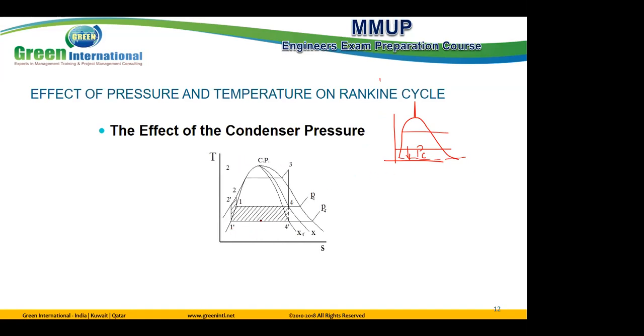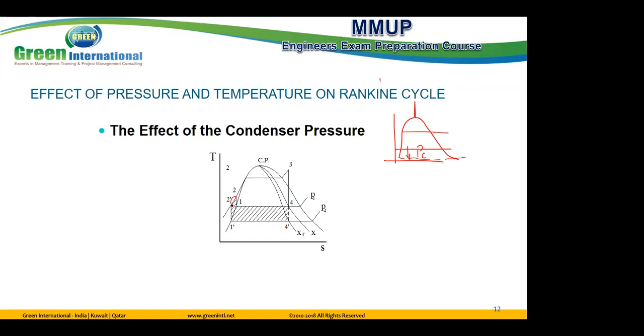If we decrease the condenser pressure, we will see at the end that the expansion of the turbine increases. It means the turbine work, the output, increases. On the other side, the Q added also increases, but by a small amount.